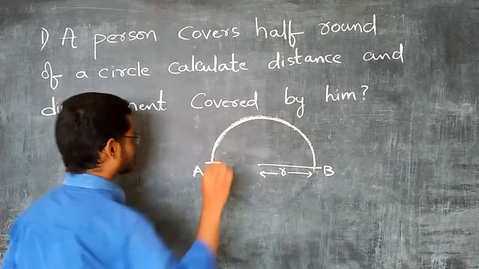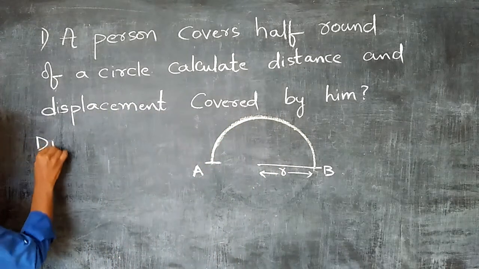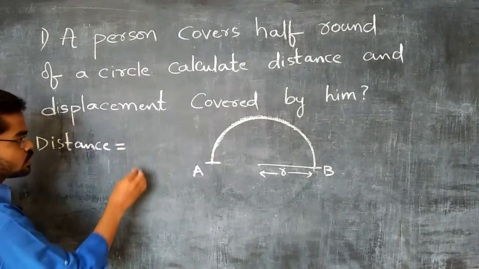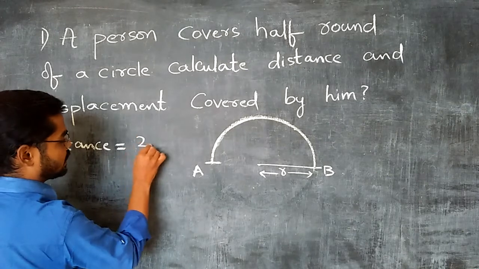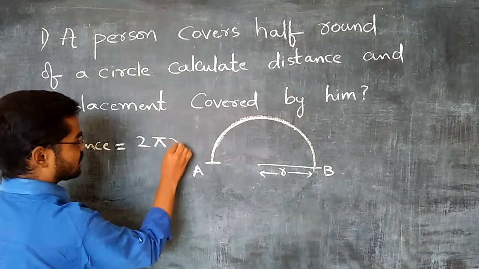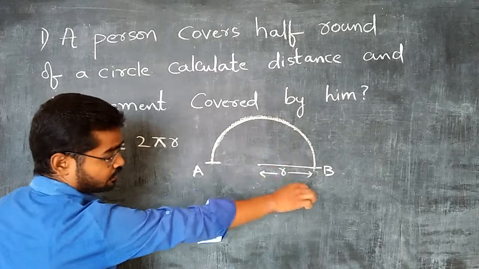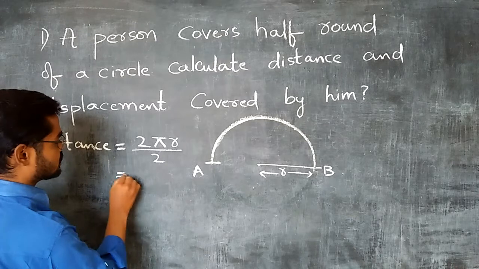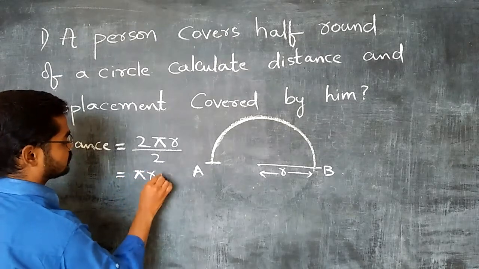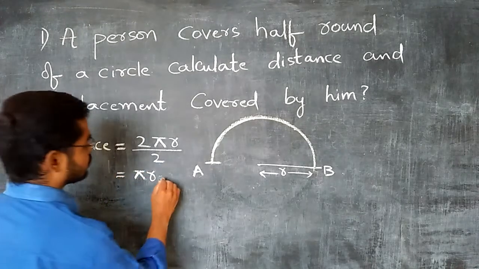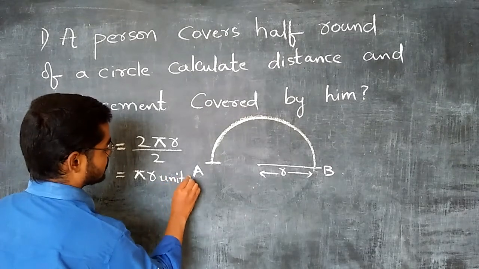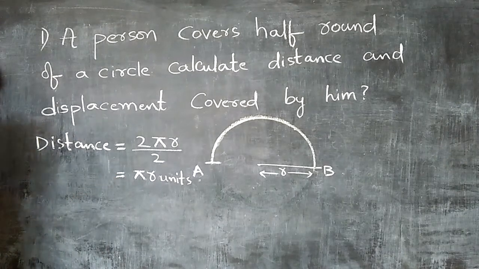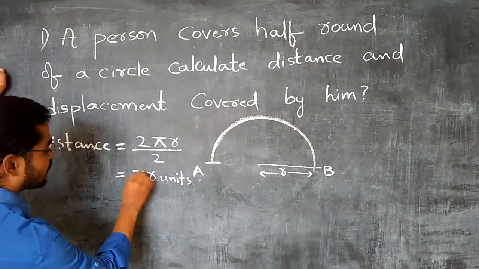So distance covered by that man is 2 pi r by 2, which is pi r units. If it is in meters, you take it as meters, and if in kilometers, you take it as kilometers. So pi r units is the answer.